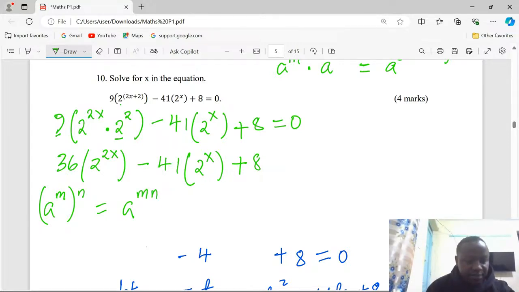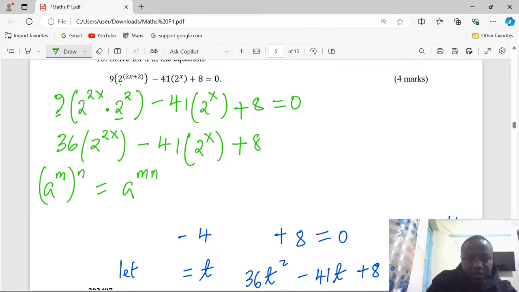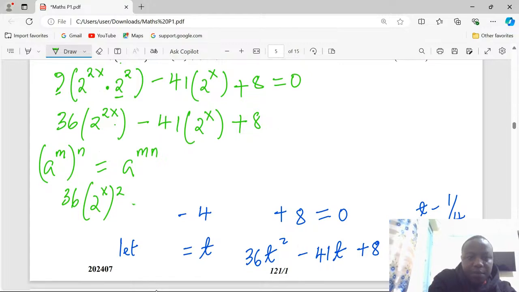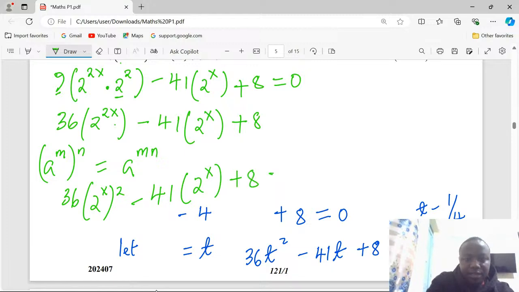So we can split it to 36 into 2 to the power x, with the power 2 taken out, squared, minus 41 into 2 to the power x plus 8 equals 0.